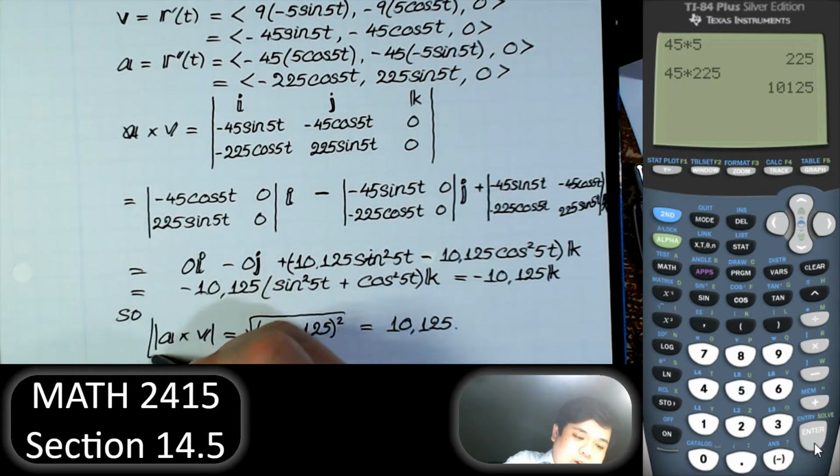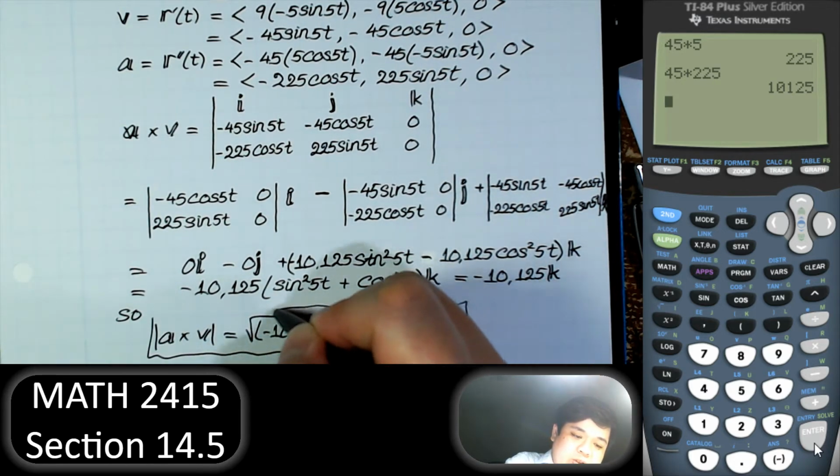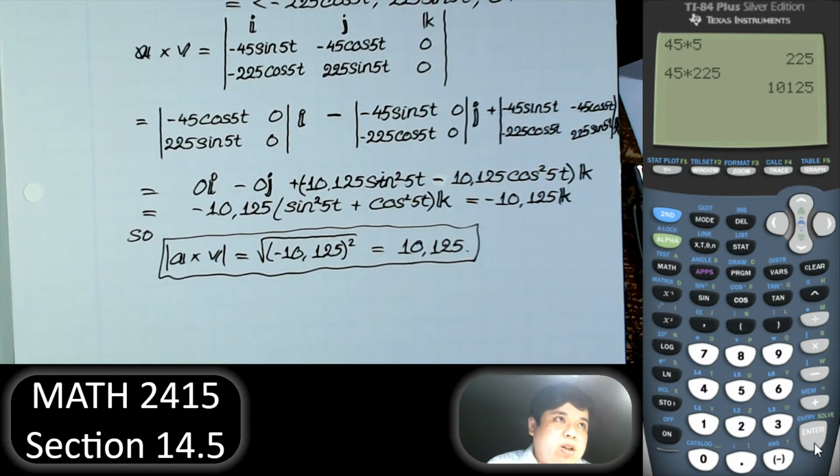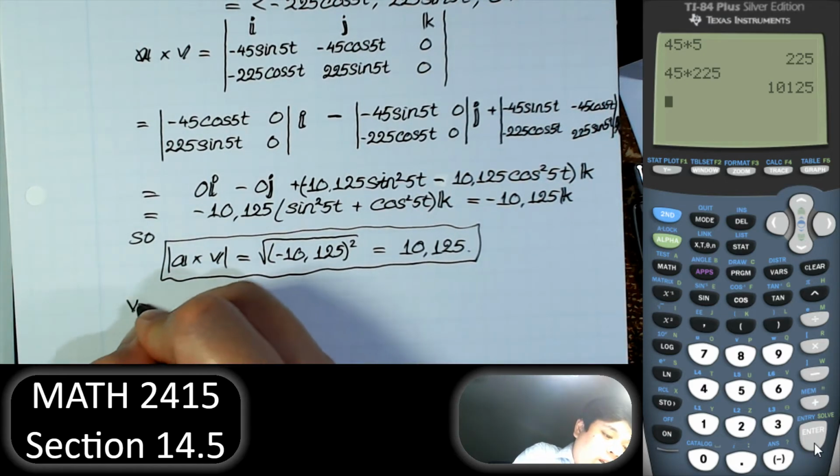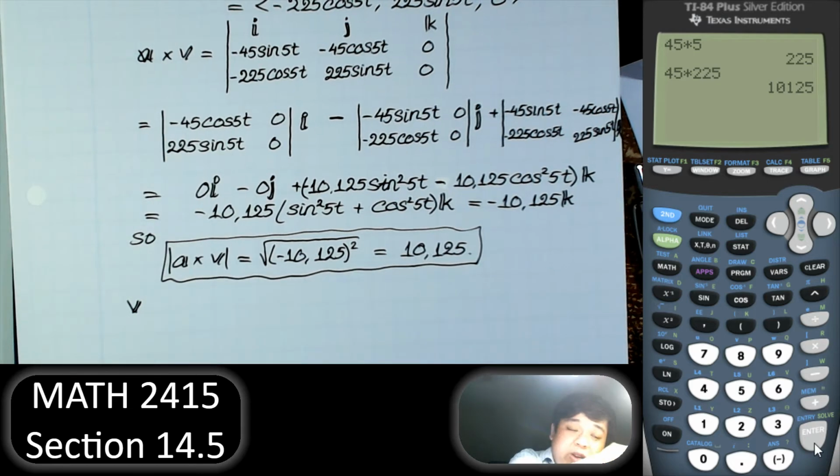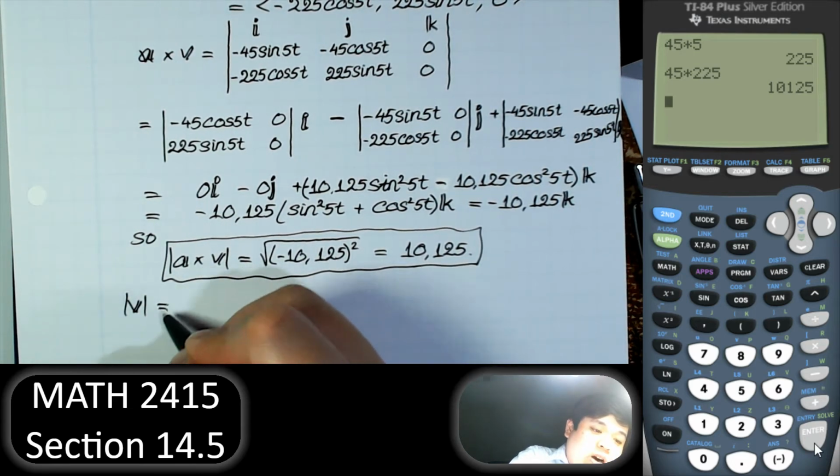So the first thing we do is find the magnitude of the cross product of A cross V, and next we find V, and then the magnitude of V, and then cube, and then we just divide them.